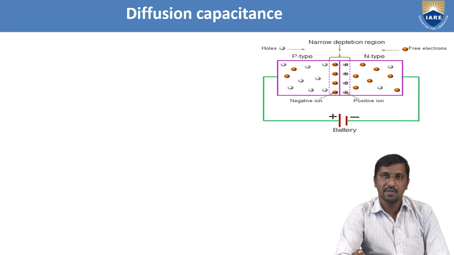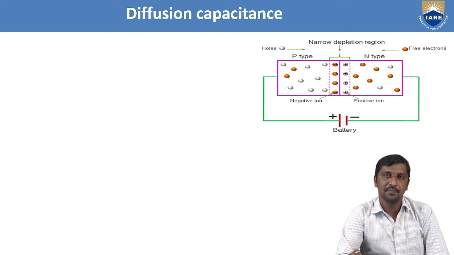The minority charge carriers diffuse from one region to the other region. Before crossing from one region to the other, the minority charge carriers establish a charge nearby the junction, and that charge is stored on this plate.